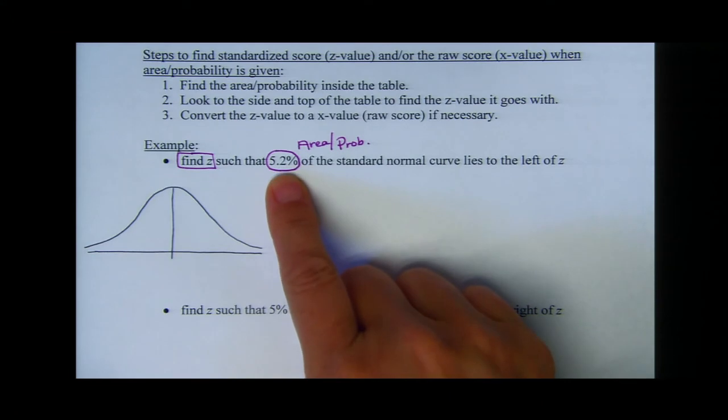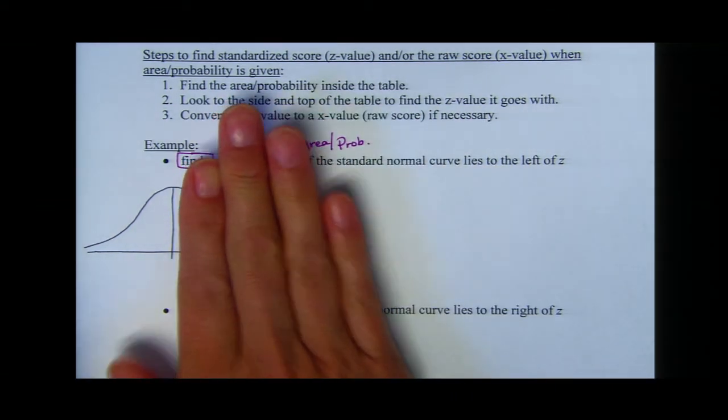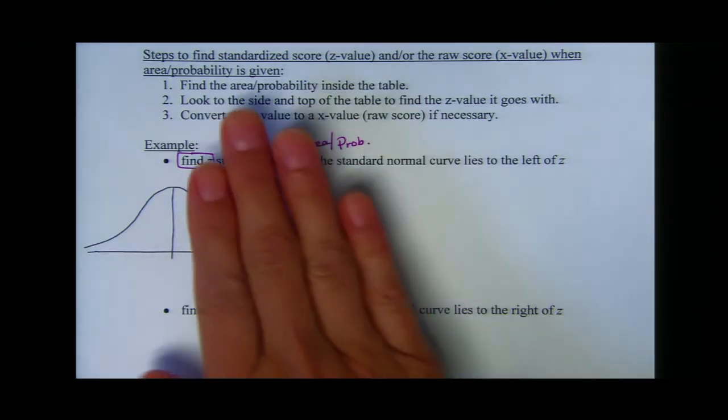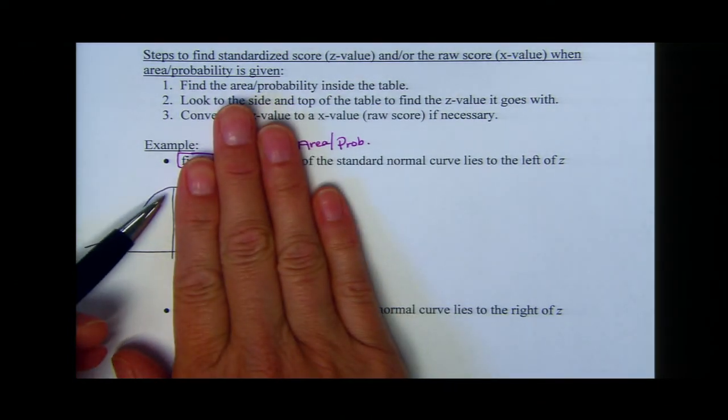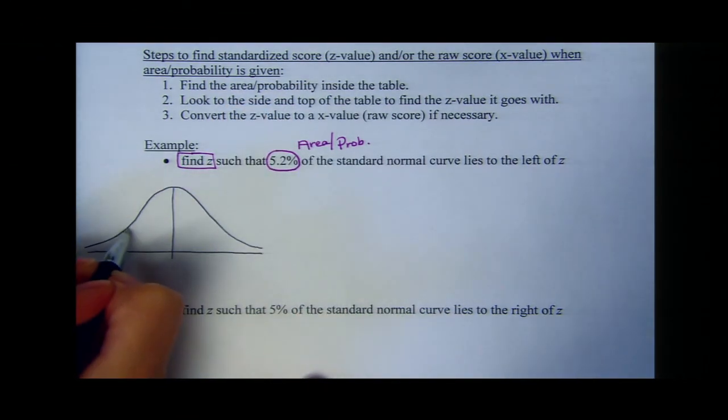So I'm going to shade in 5.2%, and I'm going to shade it to the left. Okay, well, I always draw what cuts it in half. So this is mu. So if I shaded to the left of mu, I would be shading in 50% of the curve. And this is telling me to shade to the left, but it only wants me to shade 5.2%.